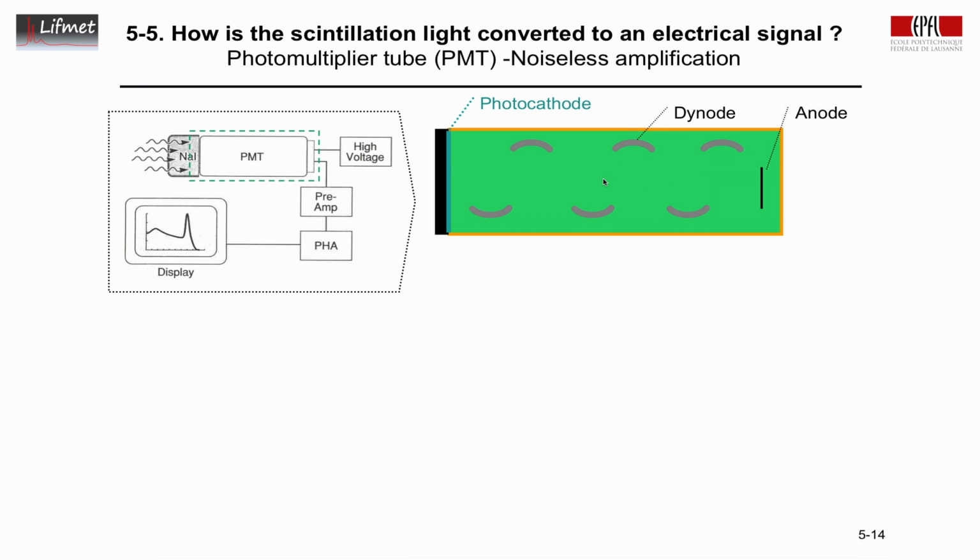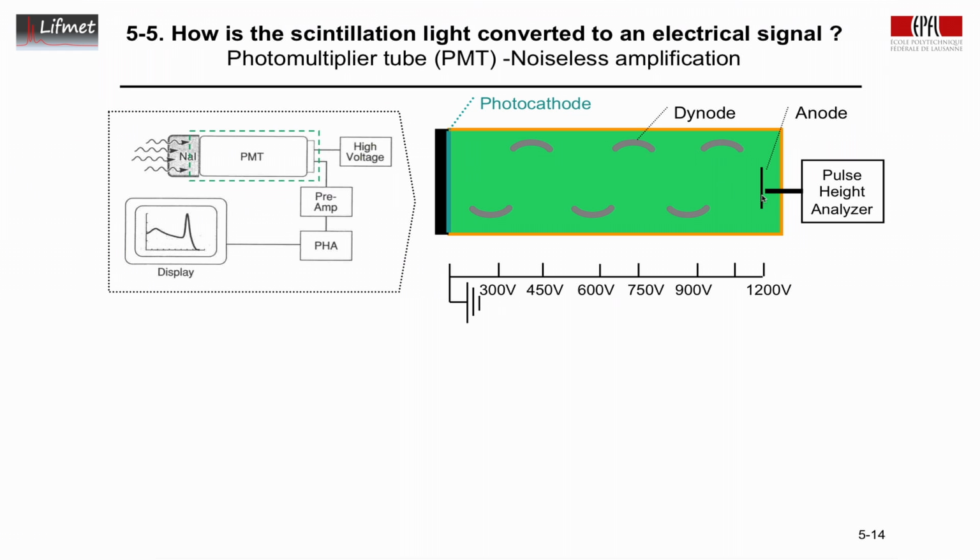And we have the final anode here, which is where the signal is finally being detected. One applies a voltage, and this is a typical example. This goes in increments of 150 volts: 0, 300, 450, 600, 750, 900, etc. until 1.2 kilovolts is the voltage that's being applied. And at the end, a signal is being detected that is sent to the pulse height analyzer.